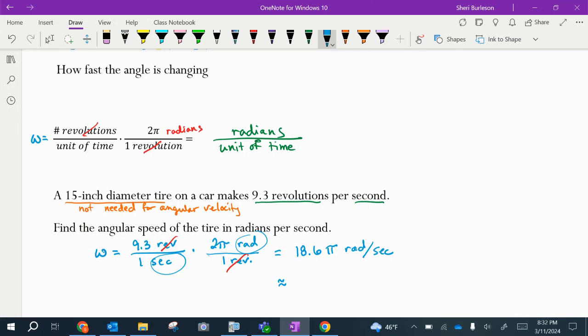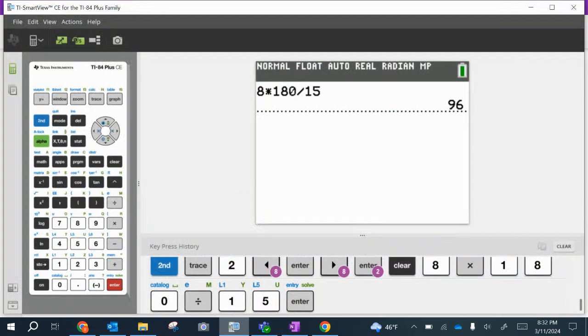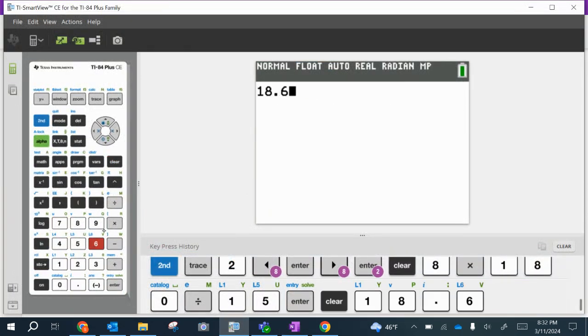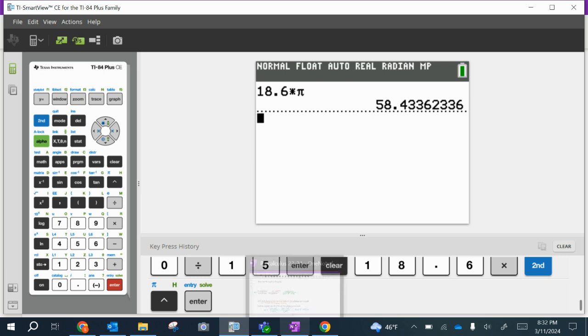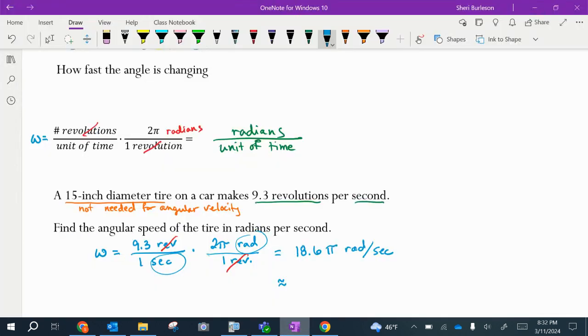When I take 18.6 and multiply it by pi, I get approximately 58.433 or 58.434 radians per second, depending on if you round or truncate.